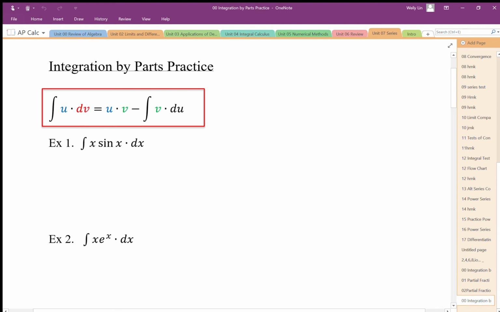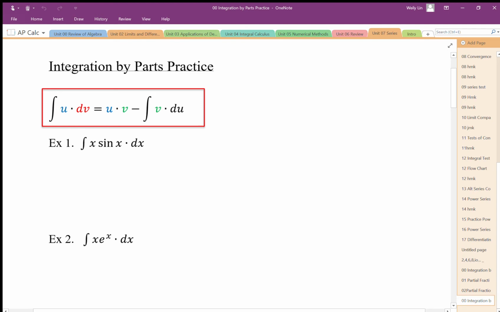The way we choose that, the strategy, is we choose a dv that includes the most complicated part of this that we are able to integrate. Once you've chosen the u and dv, you need to generate the other parts, the v and du, by integrating the dv to get v, differentiating the u to get the du.